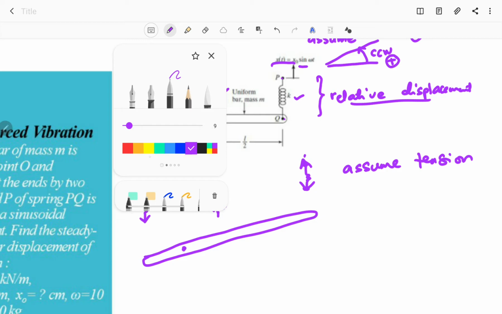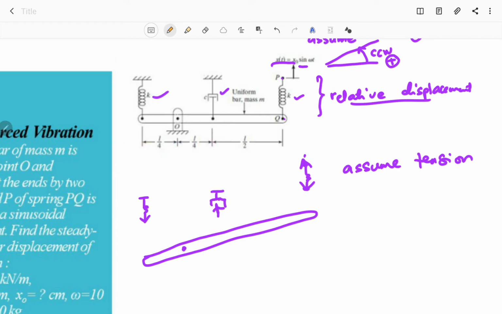Let me change the color a little bit. If you look at this side, it has to follow the x direction. Then this side follows the movement of the bar.